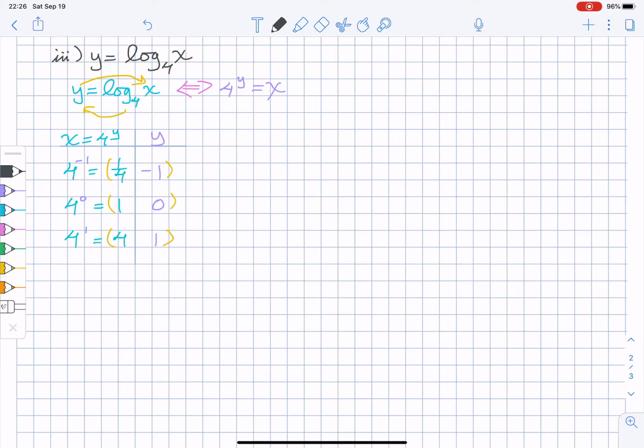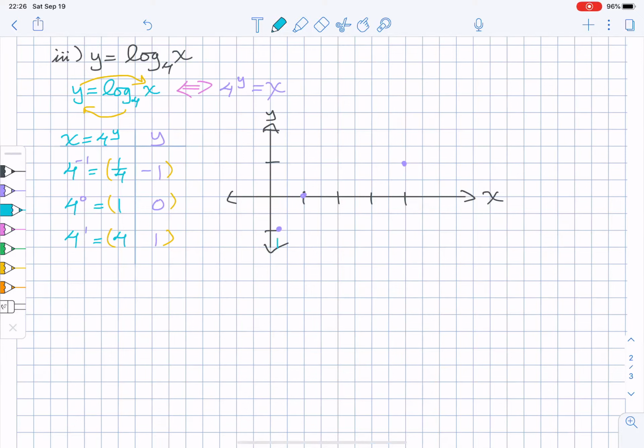Okay, so x and y coordinate axes. One, 2, 3, 4. 1, 2, 1. Okay, so the first point is at 1/4, comma -1. Then 1, comma 0, and 4, comma 1.